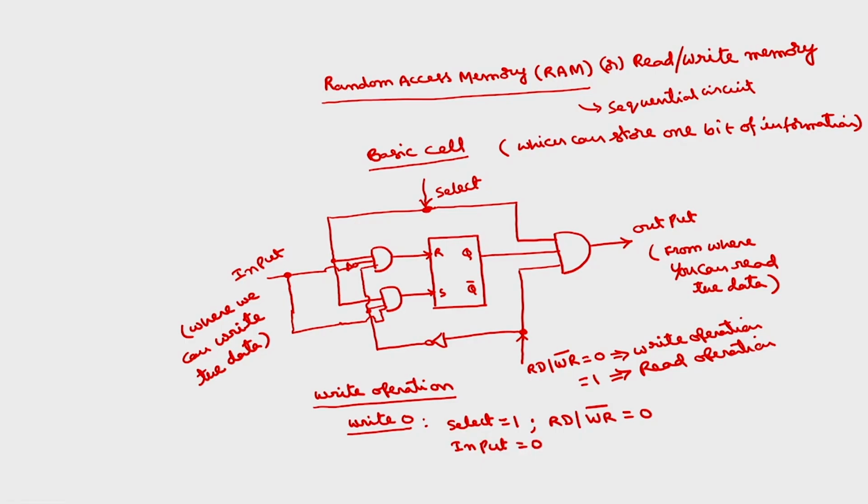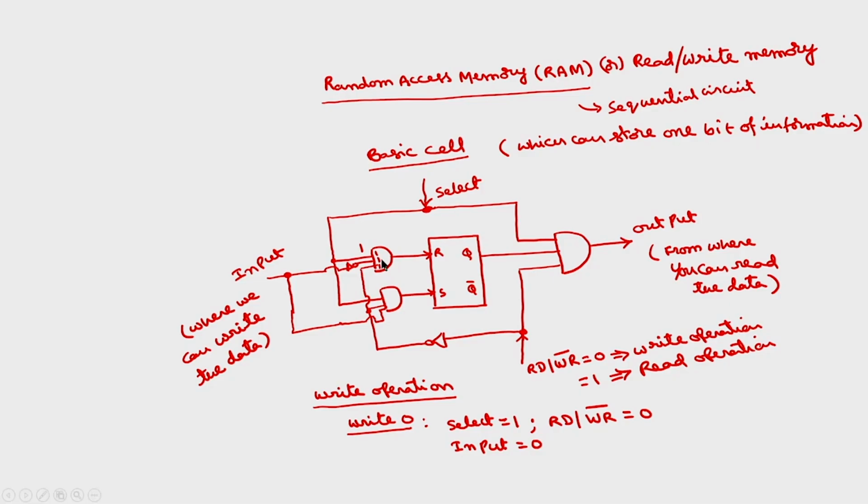Now what happens if input is 0, select is 1, read by write bar is 0? So what happens to output Q? For the first AND gate, the 3 inputs are: select is 1, input is 0, but after the inverter this will be 1, and read by write bar is 0, after the inverter this is also 1.